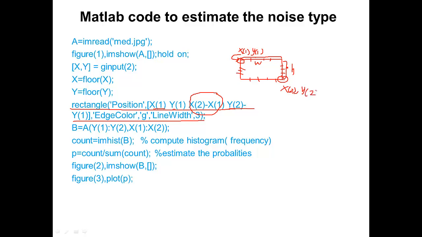That's the 2 points we get. x is the x coordinate, y is the y coordinate. That's what you need to know. So x2 minus x1 will be the width, and y2 minus y1 will be the height. So first we get the x, y.